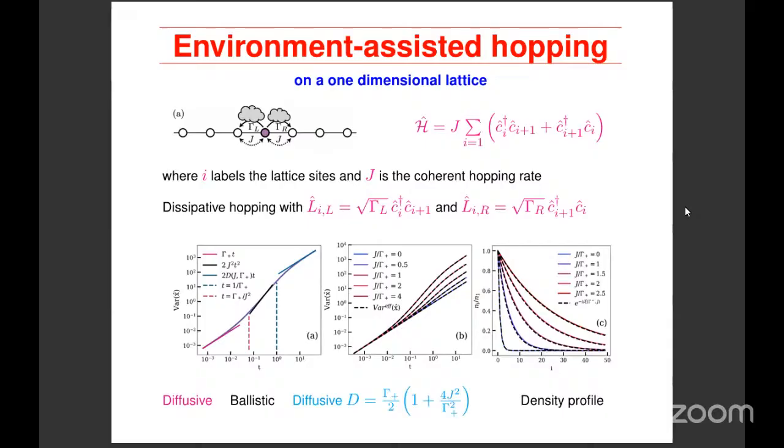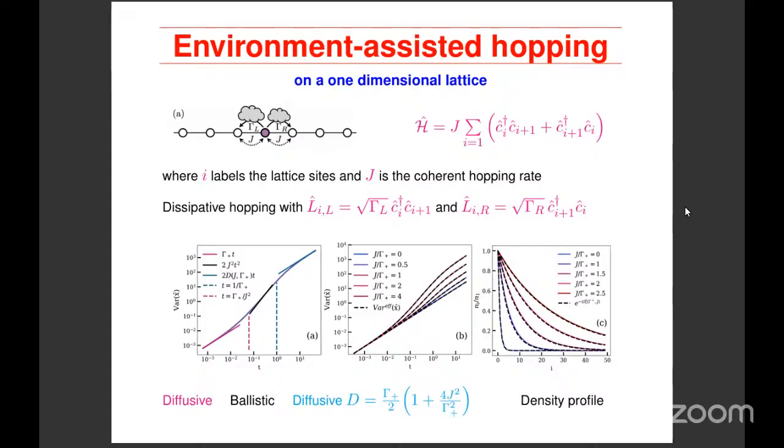There is a diffusive regime, a ballistic regime, and another diffusive regime in the behavior of this quantity. And you can analyze how this depends on the different parameters. So it's basically J over a combination of this gamma L and gamma R, which controls how much you separate these regimes.